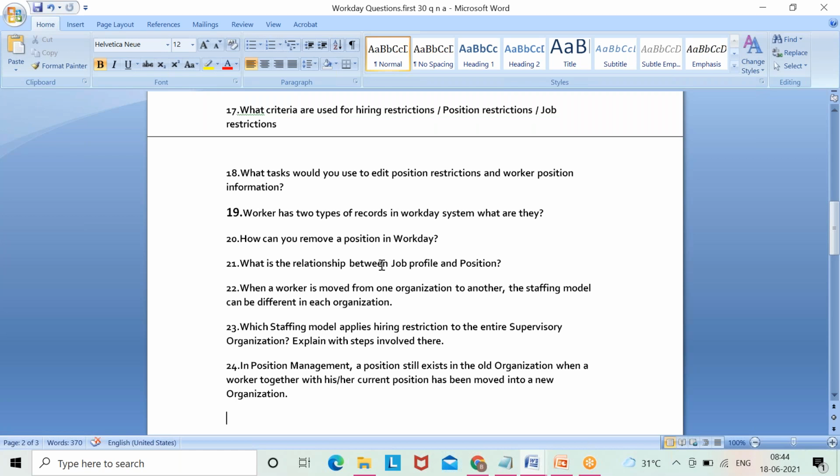In position management, a position still exists in the old organization when a worker has been moved into a new organization. Is that correct?